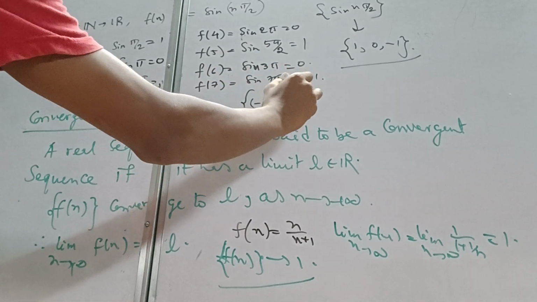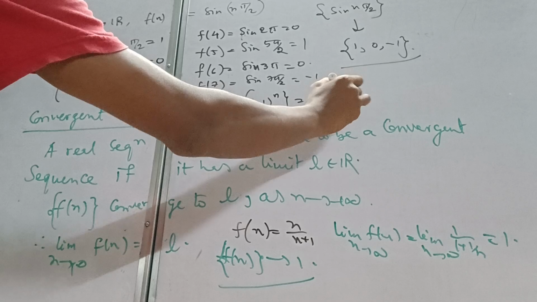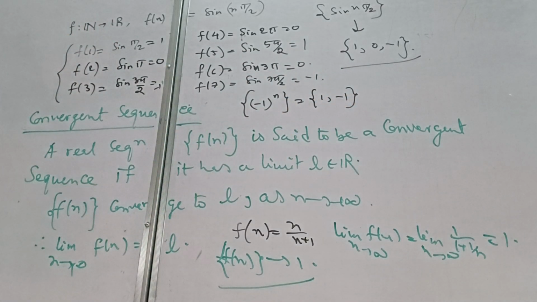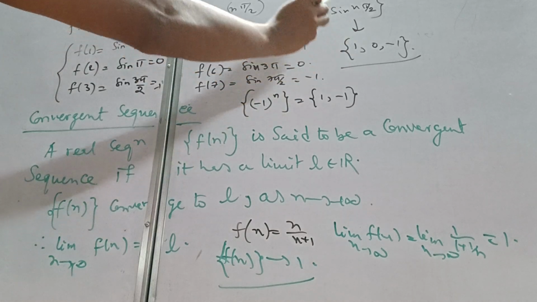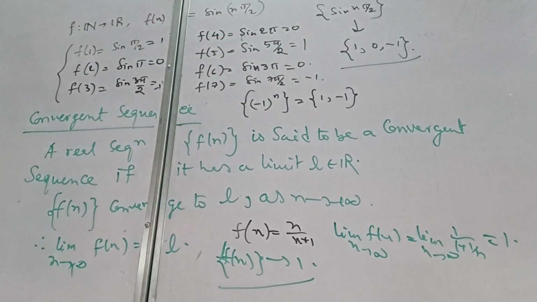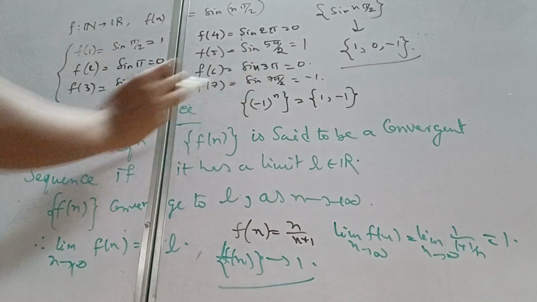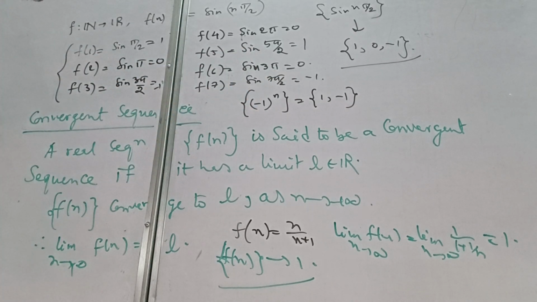Then what happens? Just 1 and minus 1 over and over. This is a divergent sequence, and obviously this one is bounded. This is a bounded sequence, that means the sequence is bounded but not convergent. And this one is also a bounded sequence but not convergent.